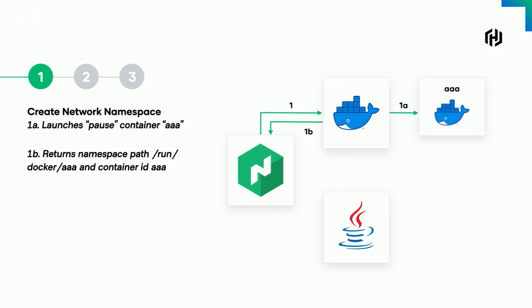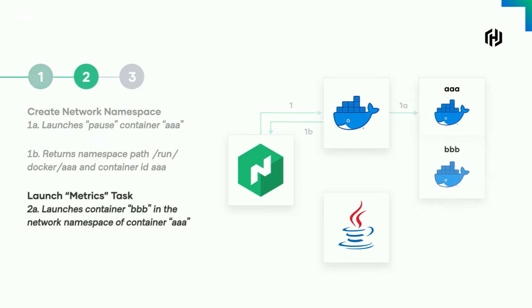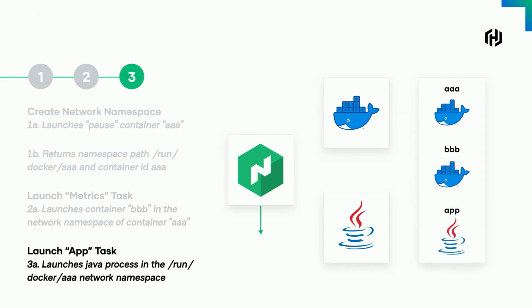It returns that back to Nomad, and when Nomad goes to launch the actual Docker task, that collector, it will launch it with the container ID of that pause container as the network namespace parent. And then once it moves on to the Java task, since it has that network namespace file descriptor, it can just launch it as it normally would. Now what we have is a network namespace that involves both a Docker application and a Java application in this case.